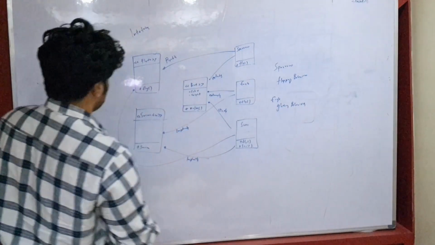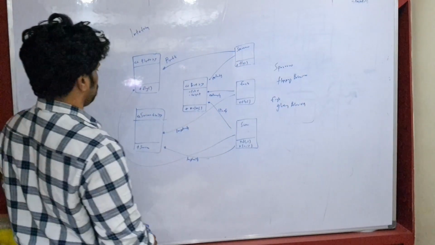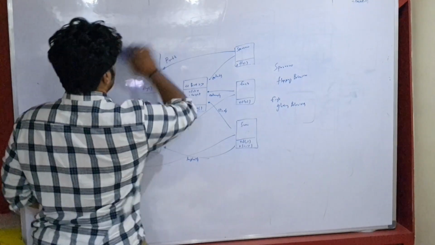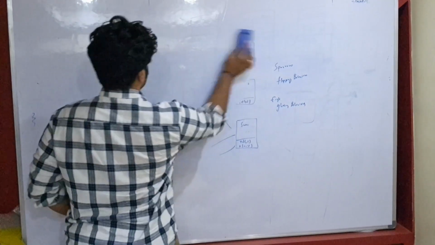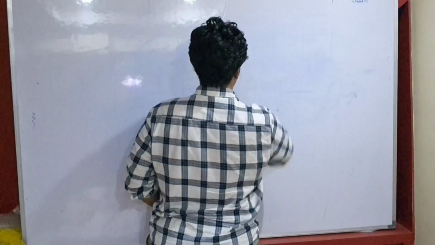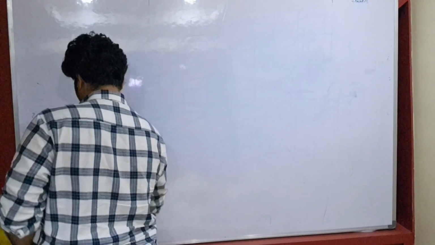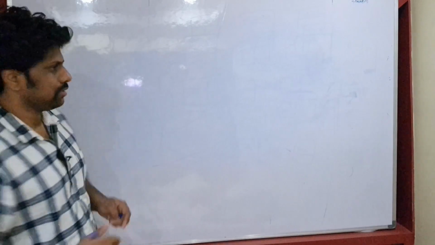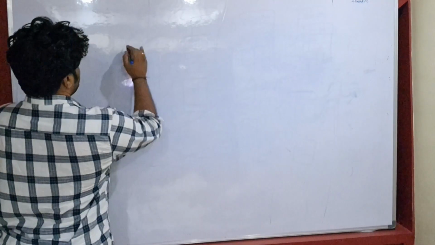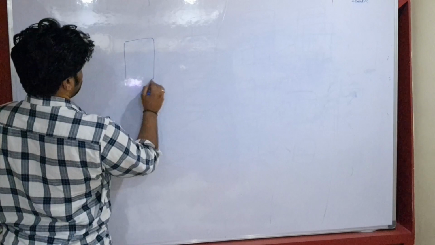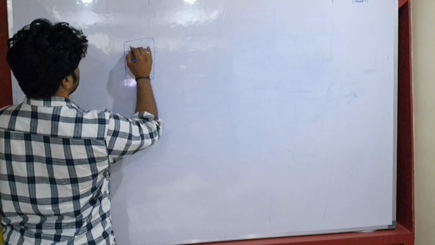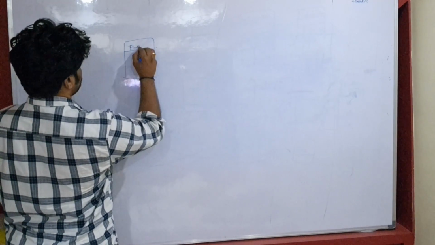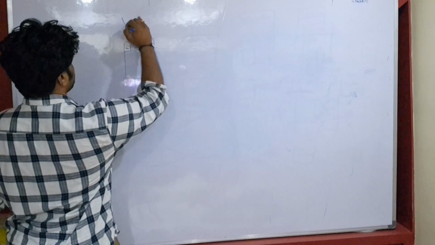Now let us define all the levels of abstraction. This is flyable. So these are interfaces.